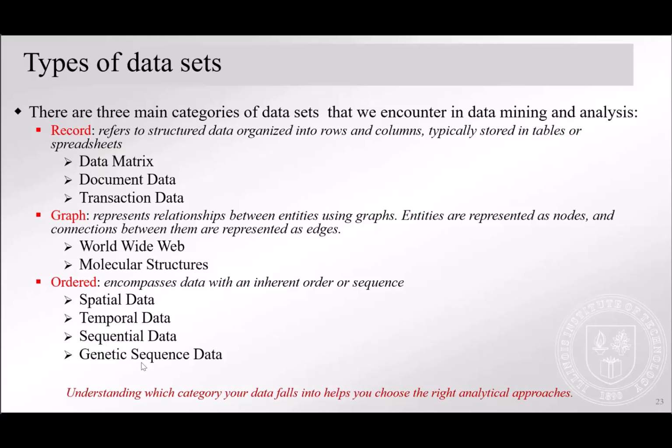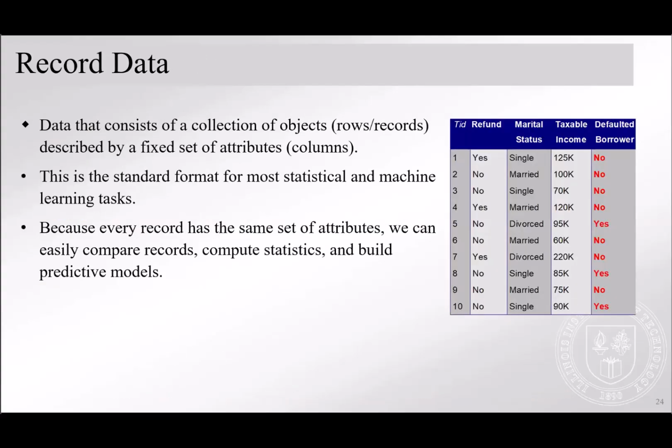Genetic sequence data, for example DNA, where the sequence is the whole point. So that's the big three: record, graph, ordered. Figure out which one fits your data, and you are already on the right track to choosing your analytical approach.